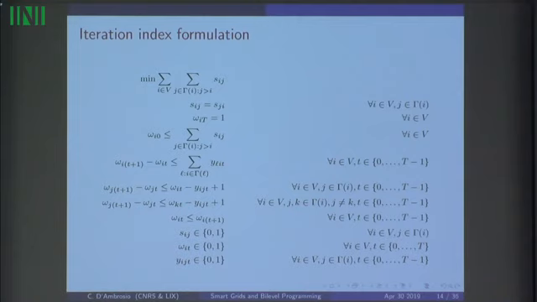So we have the minimization of the sum over the S_ij. Basically, we want to minimize the number of PMUs that are installed. This is just a matter of formulation, meaning that we have both S_ij and S_ji, and then we just say that if a PMU is installed in ij, it's also installed in ji. And then our aim is that at the last iteration, all the nodes are observed.